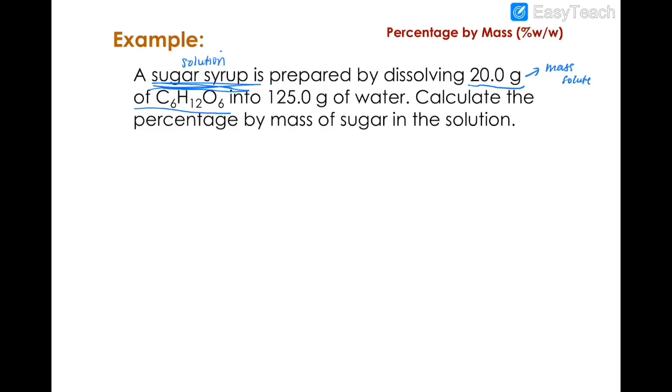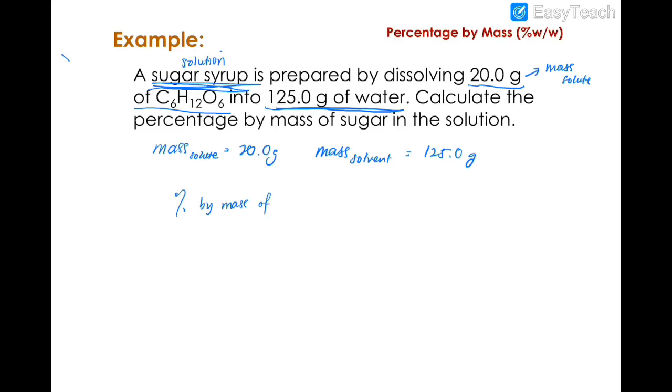Okay, into 125 gram of water. Water pula adalah solvent. Jadi bila kita keluarkan satu-satu, so mass solute equals to 20 gram. Okay, dan kalau kita punya mass solvent pula equals to 125 gram. So you are asked to look for percentage by mass of sugar in the solution.